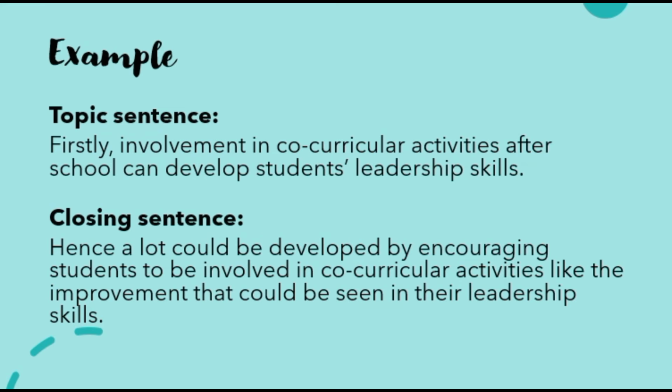And what comes after that are your supporting sentences, and then the example that you give, and then linking this example back to the topic sentence. And this here is the closing sentence for that paragraph. Hence, a lot could be developed by encouraging students to be involved in co-curricular activities, like the improvements that could be seen in their leadership skills.